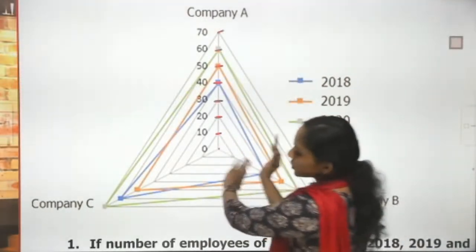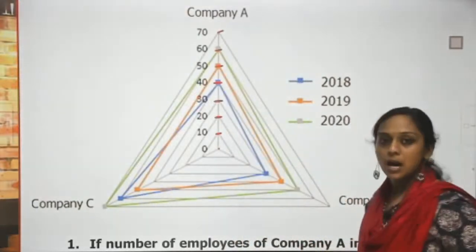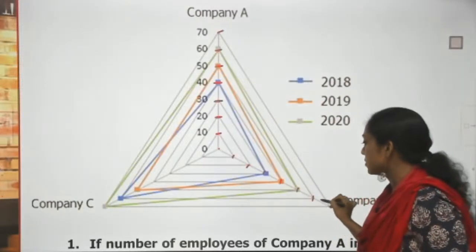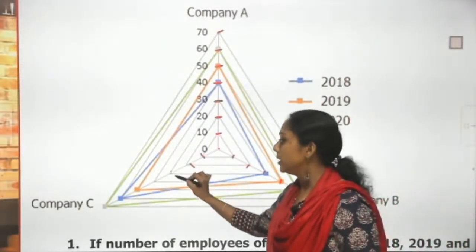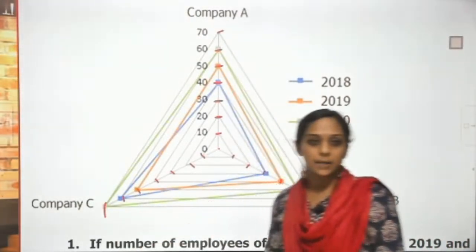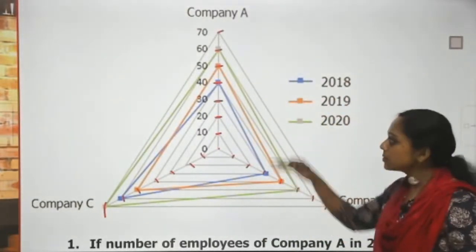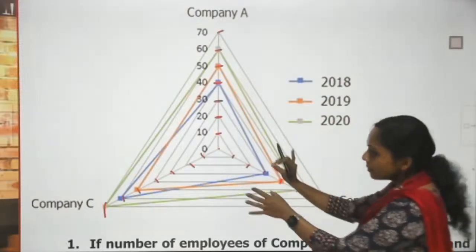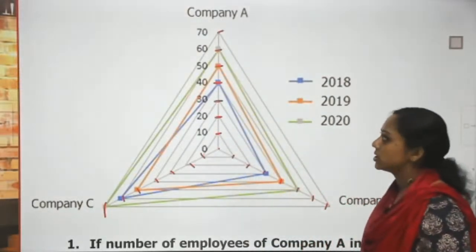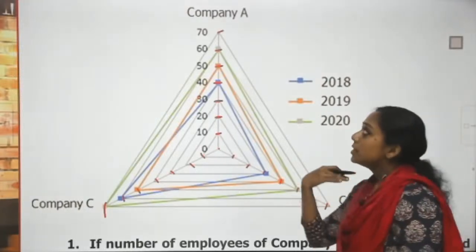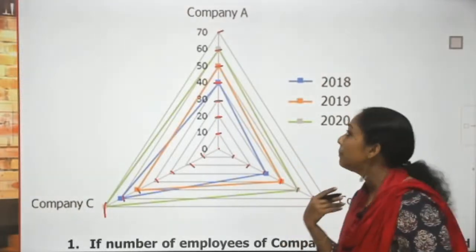The same goes around all the arms. Along all the 3 arms, this is the percentage distribution.